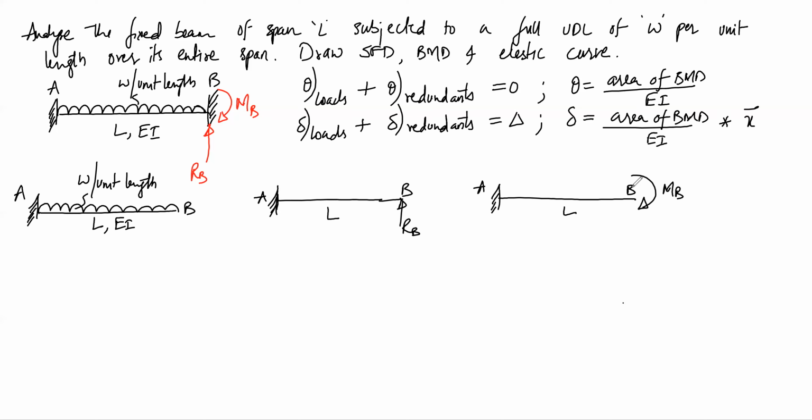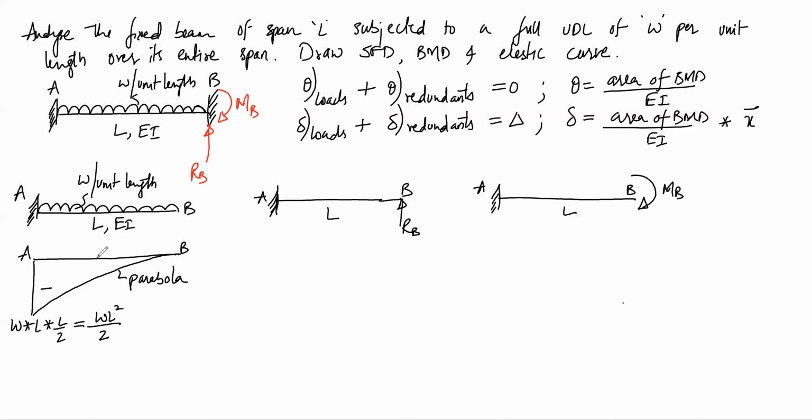And now we have to draw the bending moment diagrams for these cases. So for cantilever with full UDL, we get a hogging BMD of parabolic variation. So this is a parabola and we get hogging BMD, and the moment here will be W into L by 2, that is equal to WL square by 2. These are the points A and B. The span is L and flexural rigidity is EI.